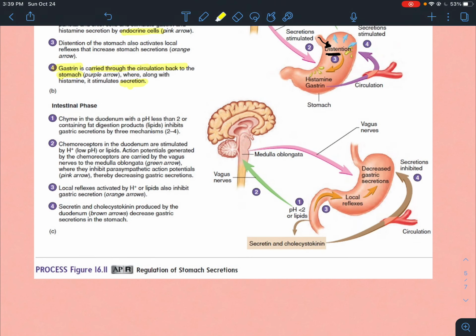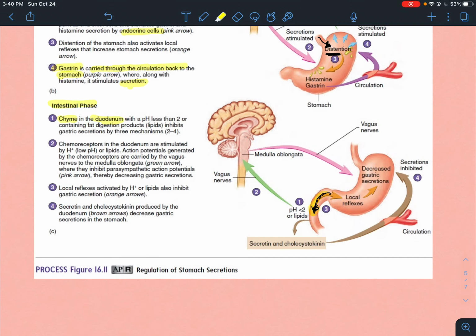The next phase is when food goes from the stomach and starts to enter the duodenum. We call this phase the intestinal phase. The material that has now been digested in the stomach is known as chyme, and chyme will start to go into the duodenum.